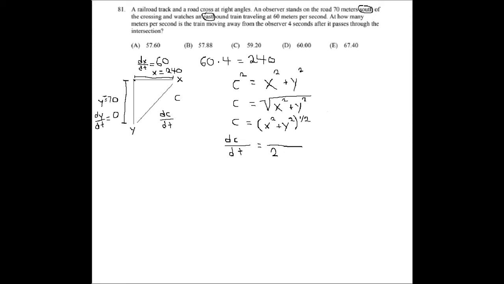Then we're going to do 1/2 minus 1. So we would get x squared plus y squared to the negative 1/2, which is the same thing as 1 divided by x squared plus y squared to the 1/2.